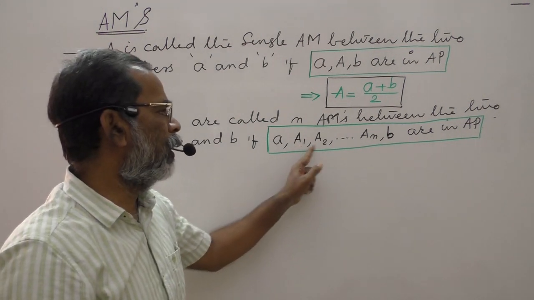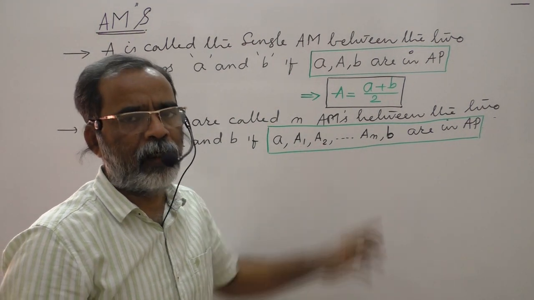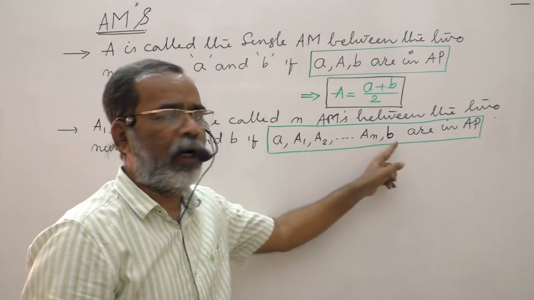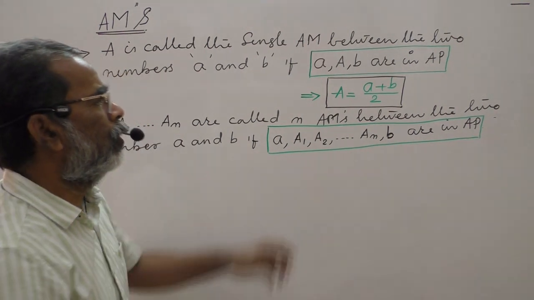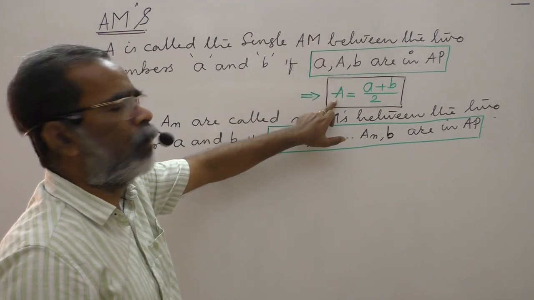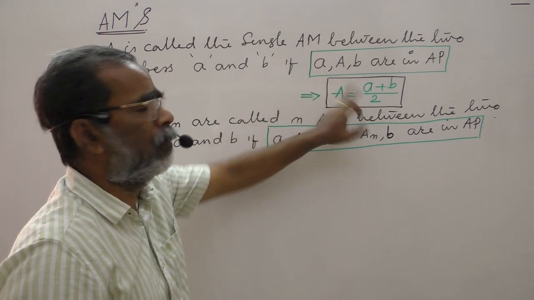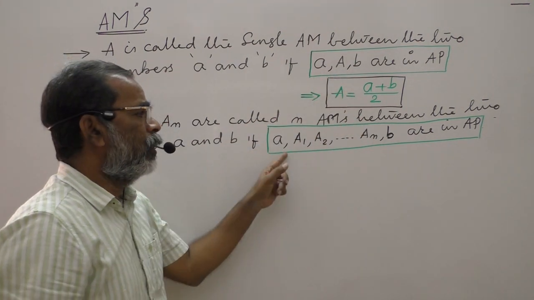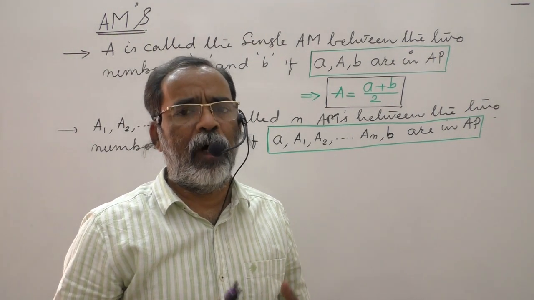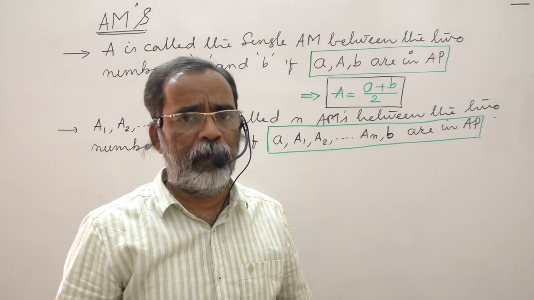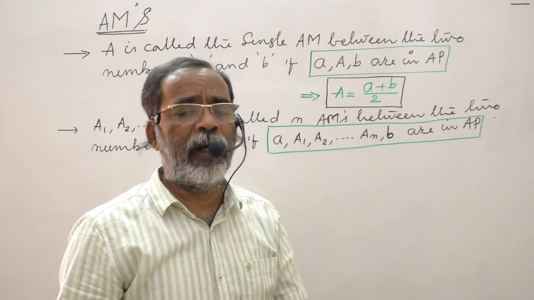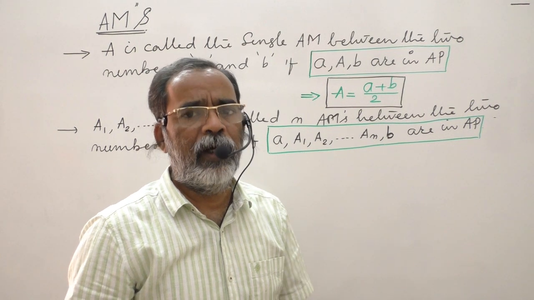Then A1, A2, dash dash An are called n AMs between a, b. When single AM is there, it is very simple, average of these two. But when you are inserting more than one AM between two numbers, how to find A1, A2, A3, etc.?